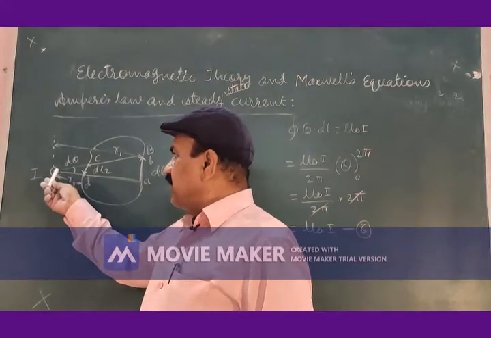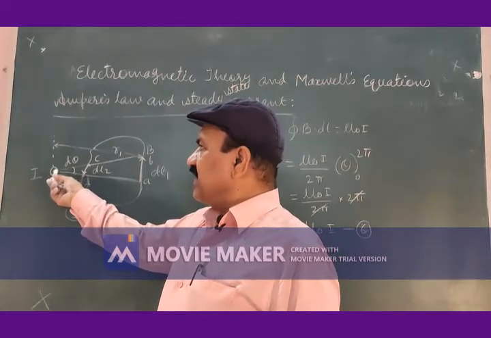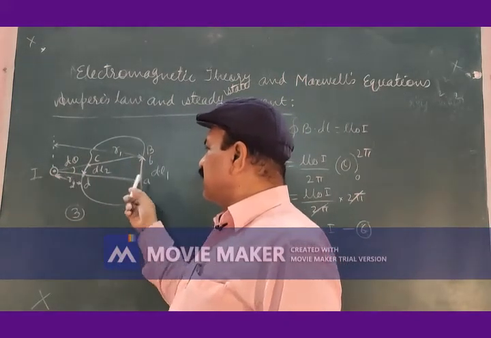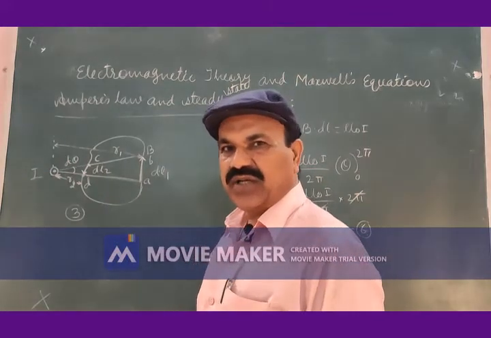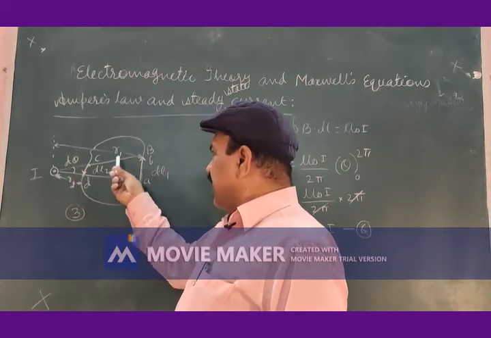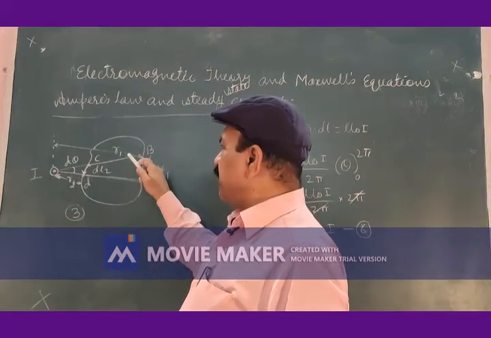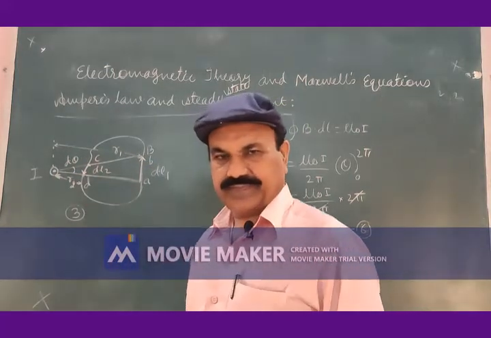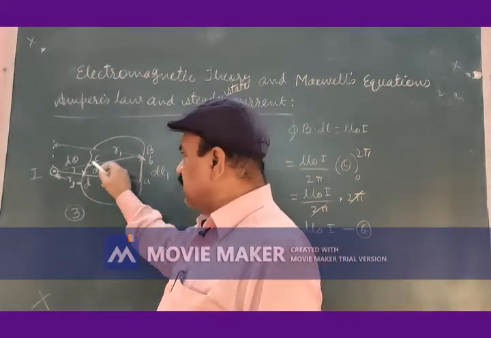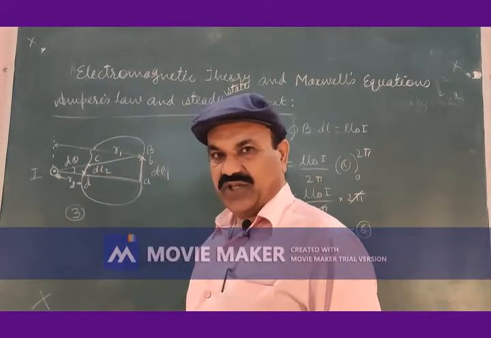Let us draw a line from center of this conductor to point B, center of the conductor to point A. Two lines are drawn such that these lines intersect the closed path in the points A, B, C, D. This arc and this arc, let me call this arc as DL1, this arc as DL2.